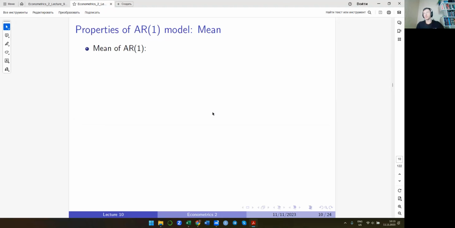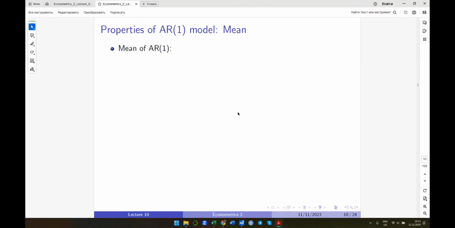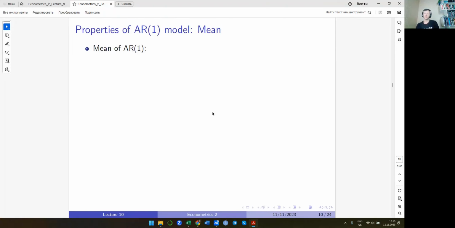Let's talk about the properties of the AR1 model. This is what you need to do in the exercise sessions, and also what you can expect from the home assignment. So please be careful here, because now we are starting to talk about some practical applications of this series. So how to construct the mean of the AR1 process?